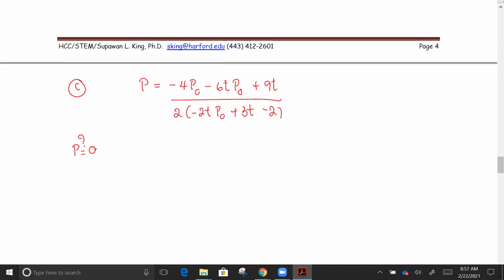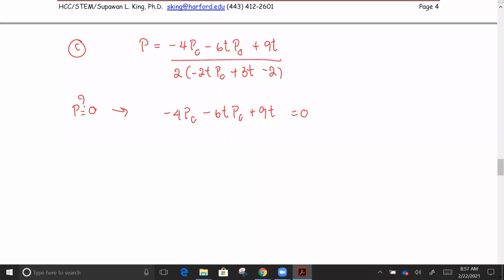Okay, if we look at this case, that means when you have the fraction and let it be 0, we just ignore the denominator. We just set up negative 4 p0 minus 6t p0 plus 9t equals 0. Just let the numerator become 0 because the denominator will never be 0 anyway. Otherwise, it's going to be undefined.